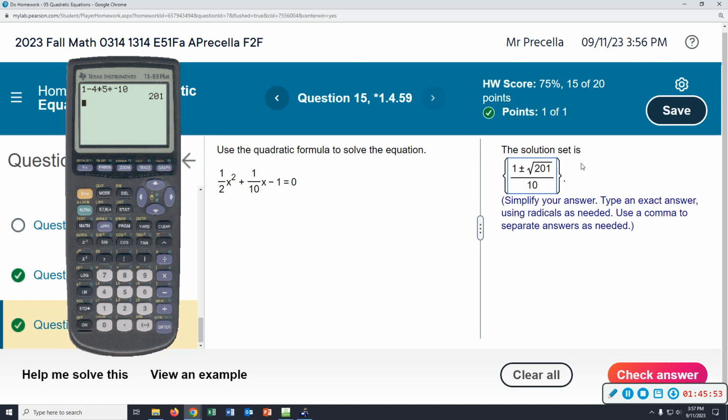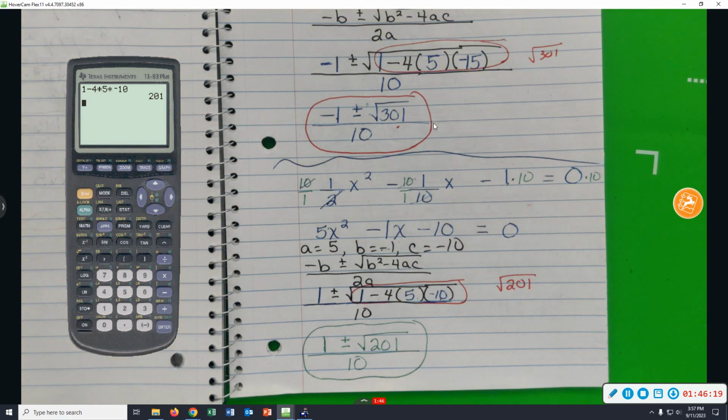Did y'all see what I did wrong? Right there, isn't that a plus? Right there in front of the 1 over 10? So I wrote a minus. Minus, so that's going to change it.